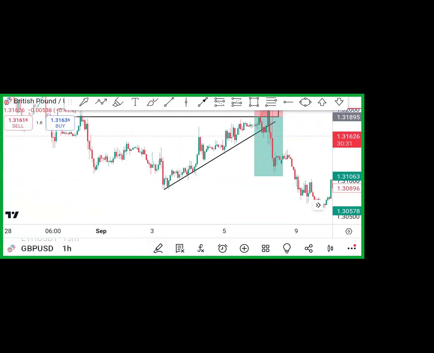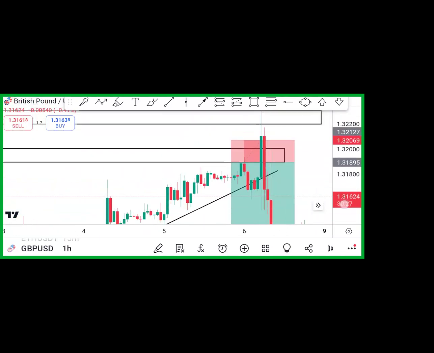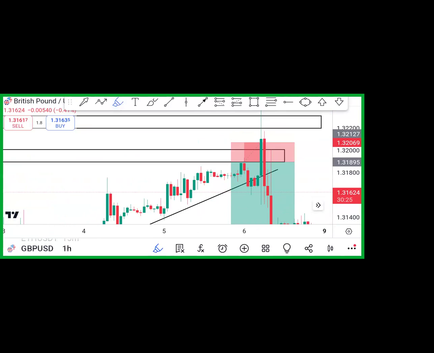Now, this first supply level, they did play it out. You can see immediately the price tapped into this level. Immediately the price tapped into this level, the price started rejecting down. Now, it got to this level right here and started spiking up again. Once it started spiking up, you would have been stopped out at break even. Why did this trade reverse?